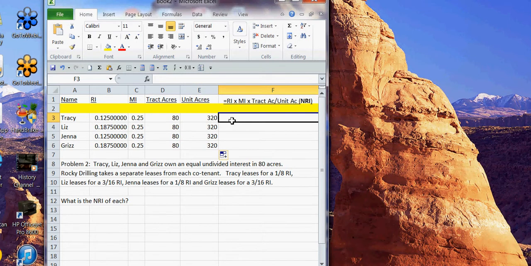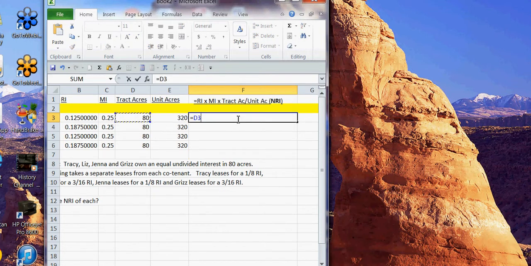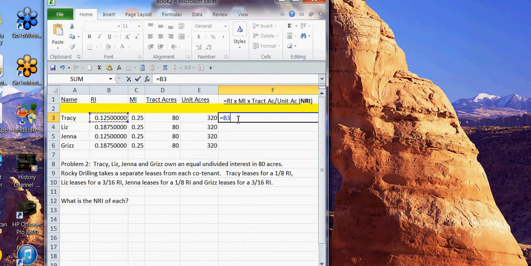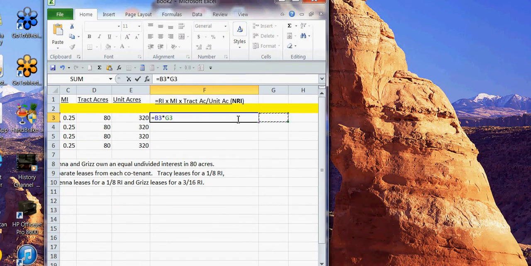So then to calculate the net revenue interest, which is what would be here, I've given you the actual formula so you'll know what to plug in, but this would actually say net revenue interest here. So we start with the equal sign, and then we go back to the royalty interest times the mineral interest times tract acres divided by the unit acres.